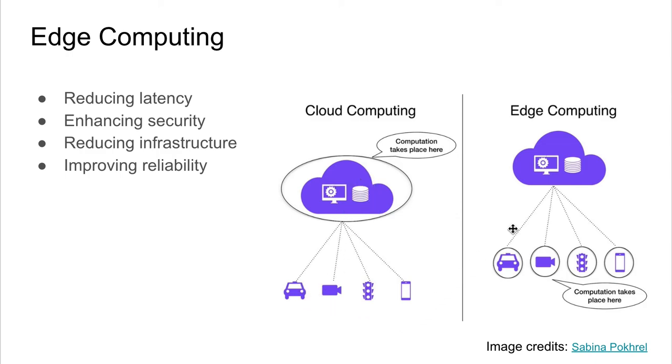But in case of edge computing, most of the computation happens within the application itself, so it is not that much limited by factors like bandwidth, network speed, and even the distance of the server or database. Okay. One scenario where this is most prevalent that I can think of is in case of smart vehicles. Let's say there is some image processing happening for detecting a pedestrian in a smart car.